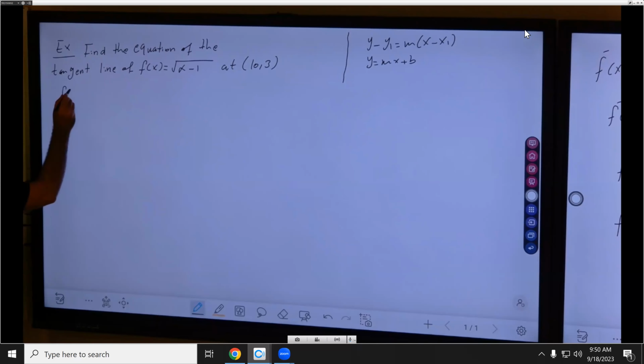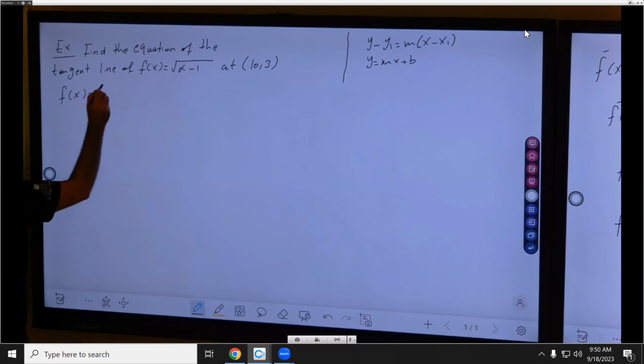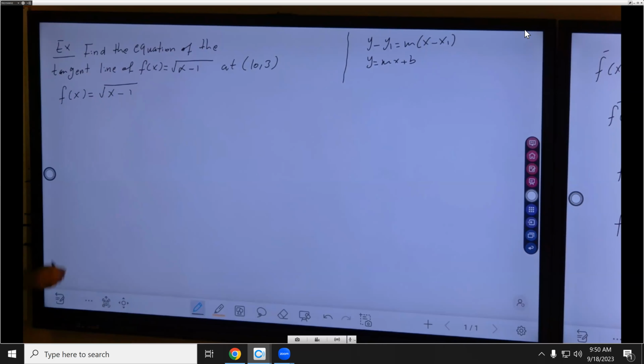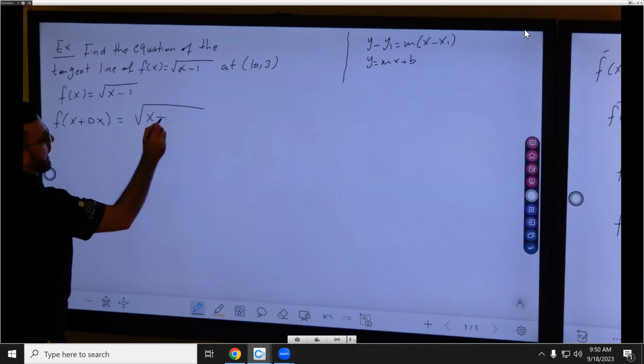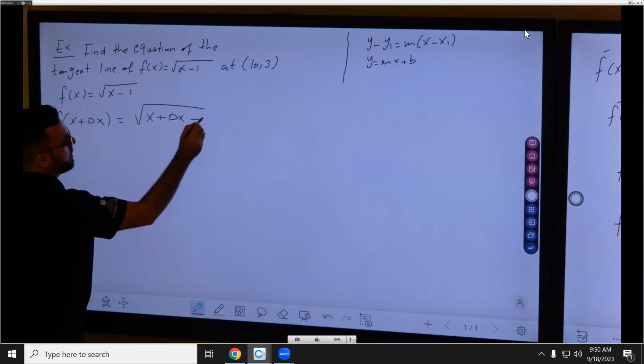So now, f of x equals the square root of x minus 1. What if you have f of x plus delta x, equal what? You're going to plug in, instead of each x, what? x plus delta x. So it's going to be the square root of x plus delta x minus 1.